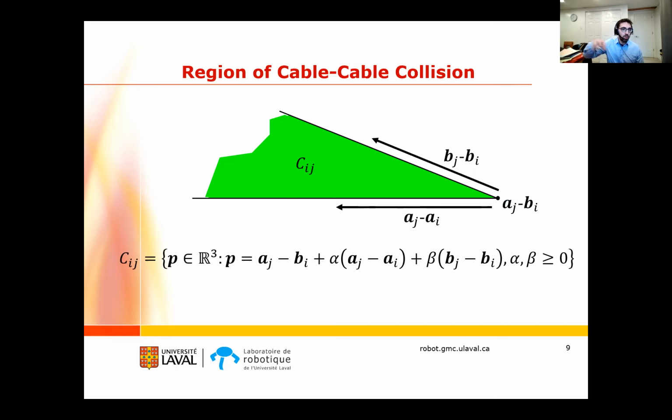As it moves in the workspace, you can show that the regions where pairs of cables collide look like sectors of plane in space. And those sectors of planes continue at infinity. They have one apex or vertex here, and they are kind of flat cones that go on without bound.